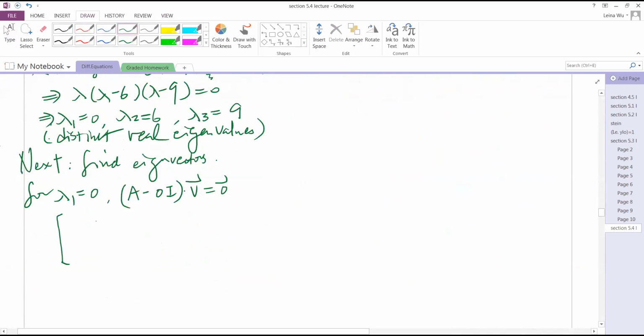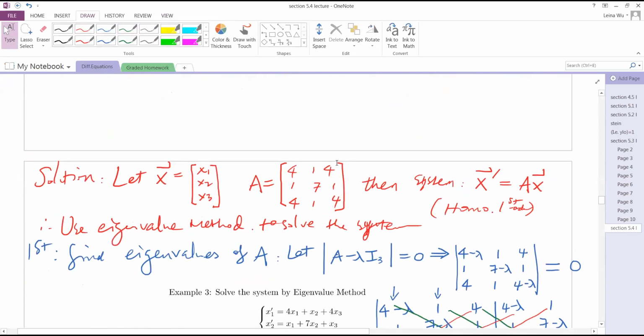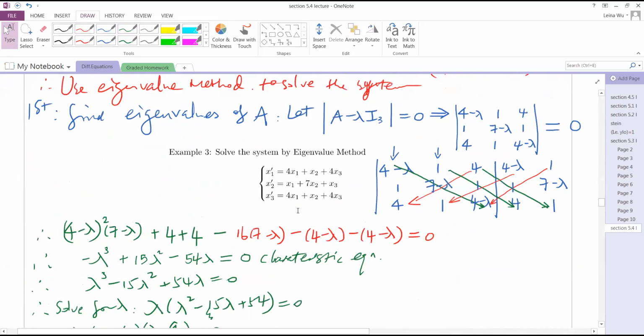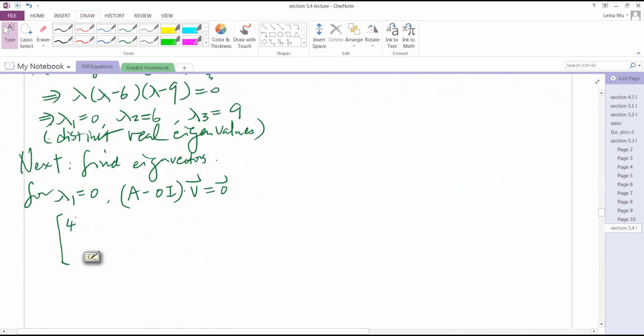Basically, it just says so for my matrix A. Matrix A is 4, 1, 4, 1, 7, 1, 4, 1, 4, times V.